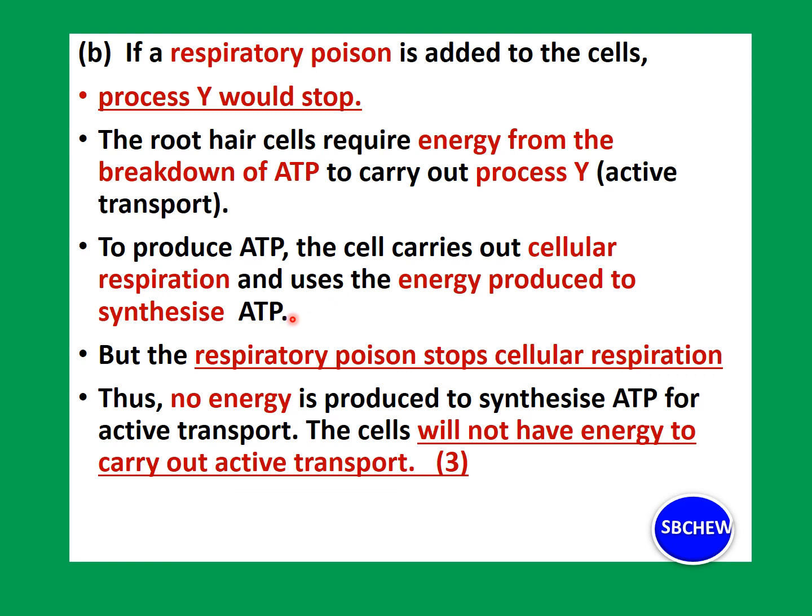And once that happens, there's no more ATP in the cell, and it cannot provide energy to the root hair cells for active transport. Okay, so no energy from respiration is available to synthesize ATP for active transport.